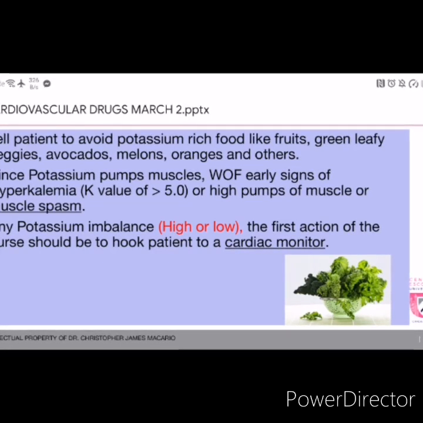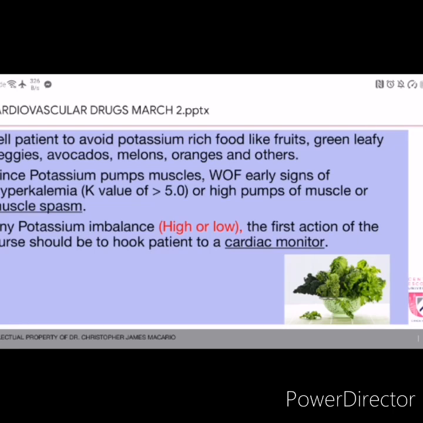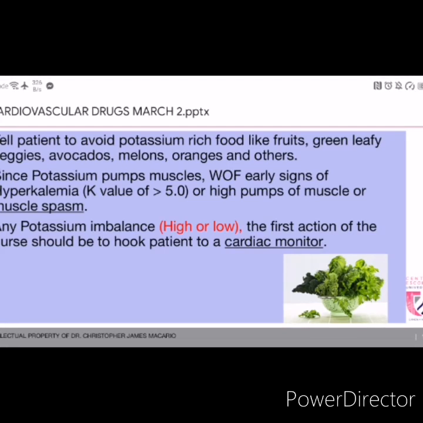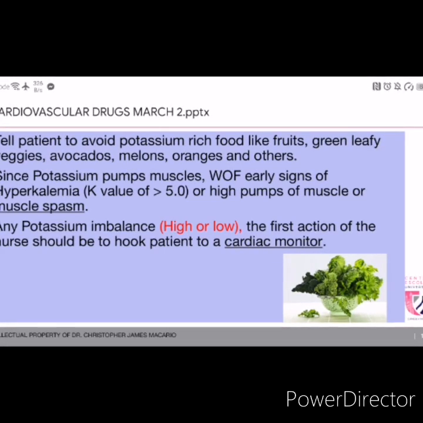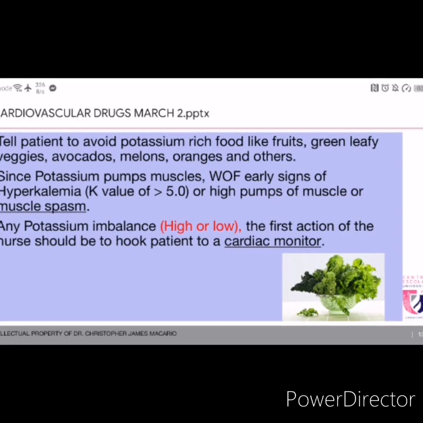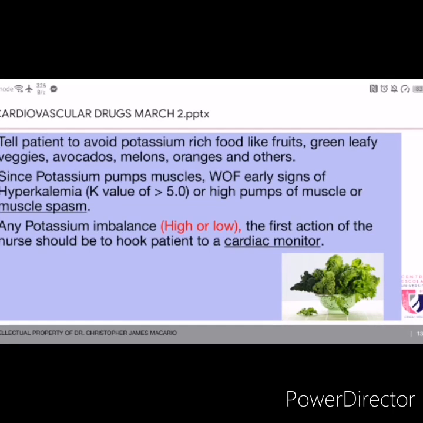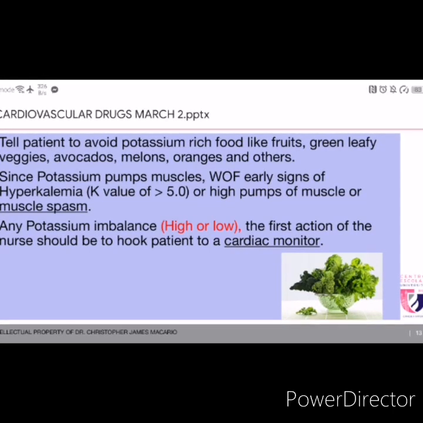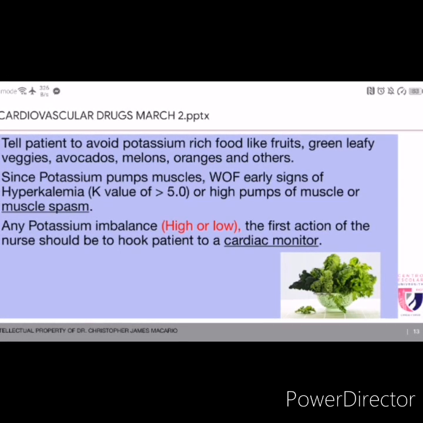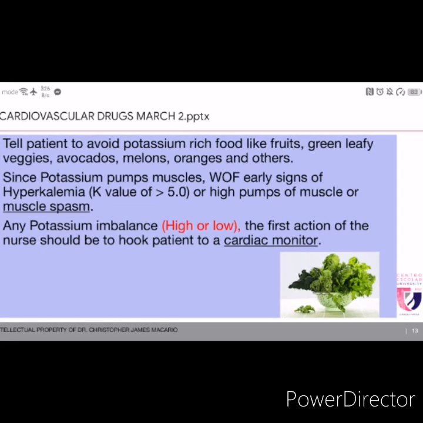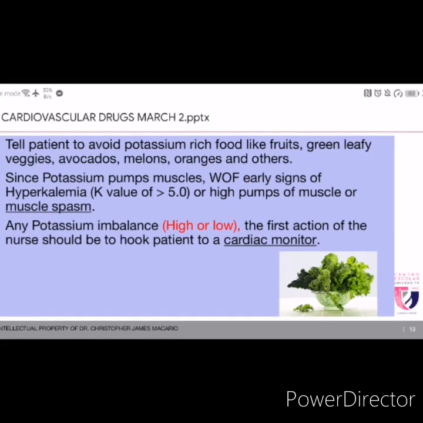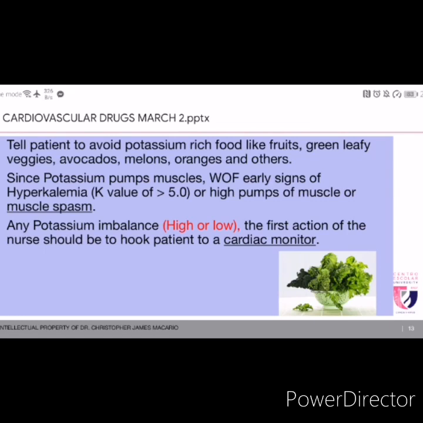As nurses, you're responsible to give the health teaching. Number one, tell the patient to avoid potassium-rich foods like fruits, green leafy veggies, avocados, melons, oranges, and others. Kasi yung mga green leafy vegetables na yan, mataas sila sa potassium. And since ACE and ARBs save potassium, okay? So, ibig sabihin, magkakaroon tayo ng risk, yung patient natin, ng sinasabi nating hyperkalemia, or a potassium level that's above 5.0.